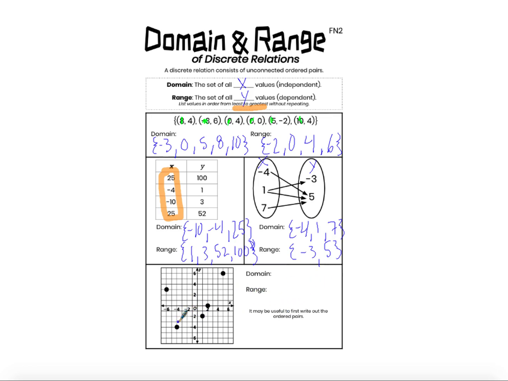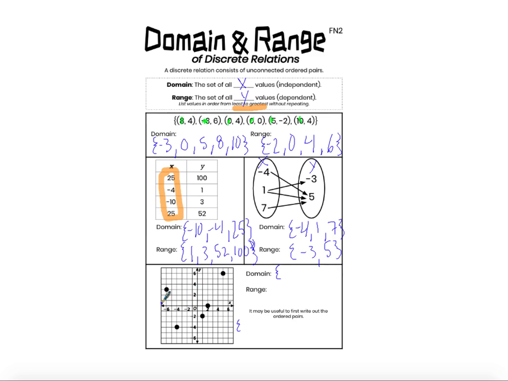You can always make that easier by writing this as the equivalent representation of a set of ordered pairs, and we'll do that in a second. Once you have a set of ordered pairs, then you can just list off the x and list off the y. We're going to try to do it in a different way that will help us when we are finding the domain and range of continuous relations.